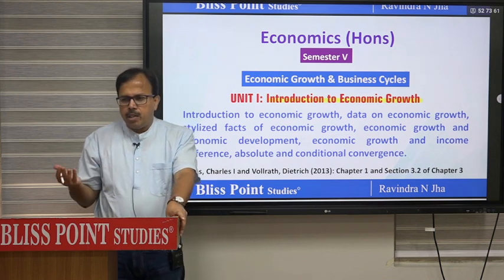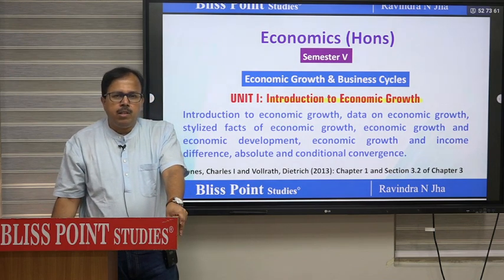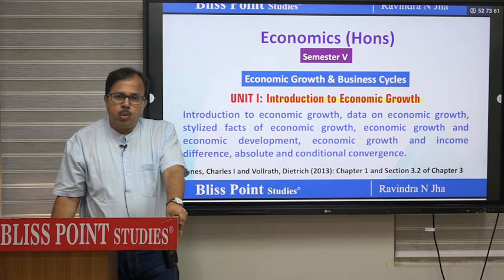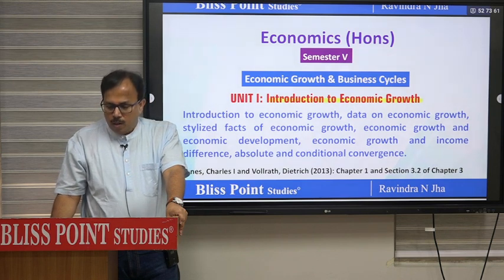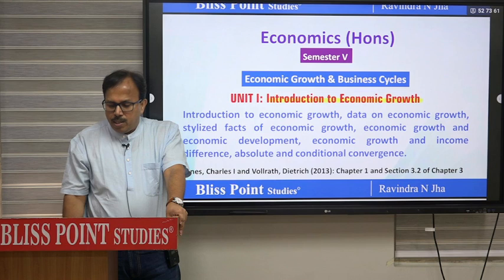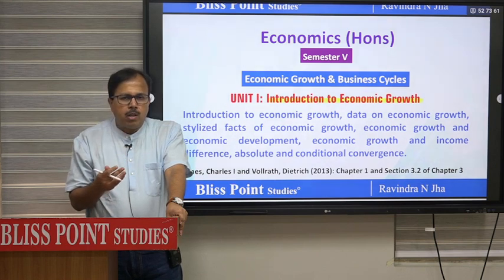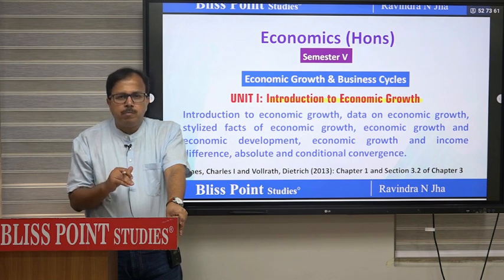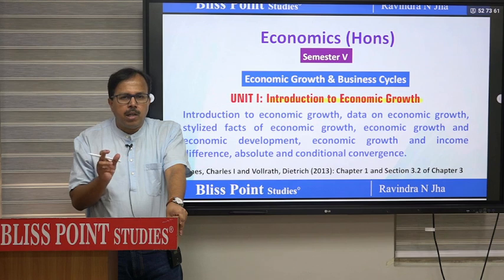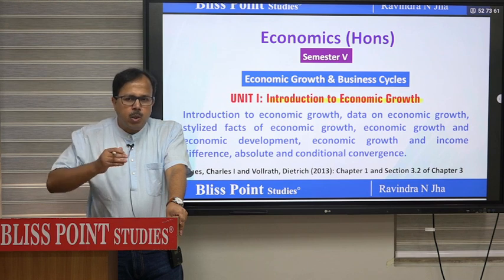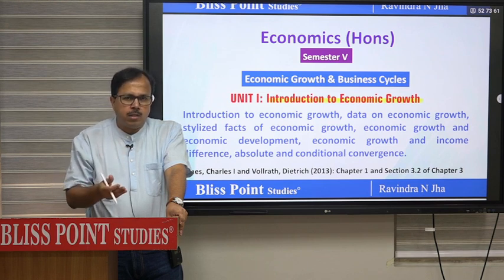We will take that convergence in detail after covering the Solow model in chapter number 2 of unit number 2. So the first unit just gives you the introduction about economic growth, what determines economic growth, how growth is different from the economic development concept, how we can compare the growth of 2 different economies. So some basic information about growth, and it will introduce you to the different models.